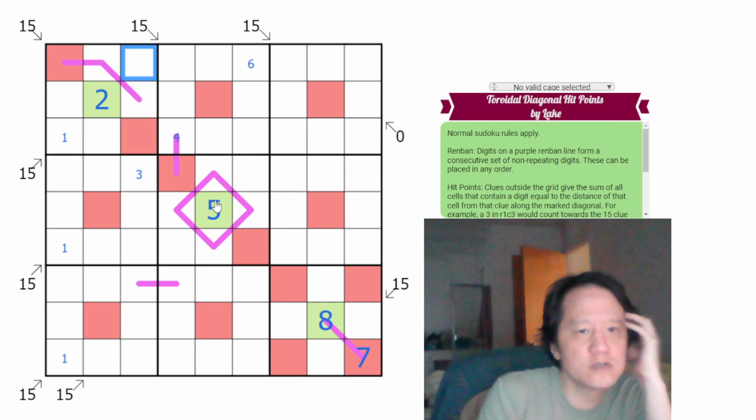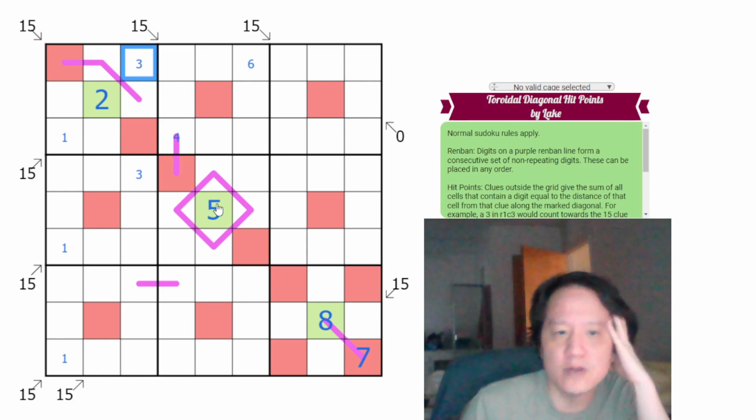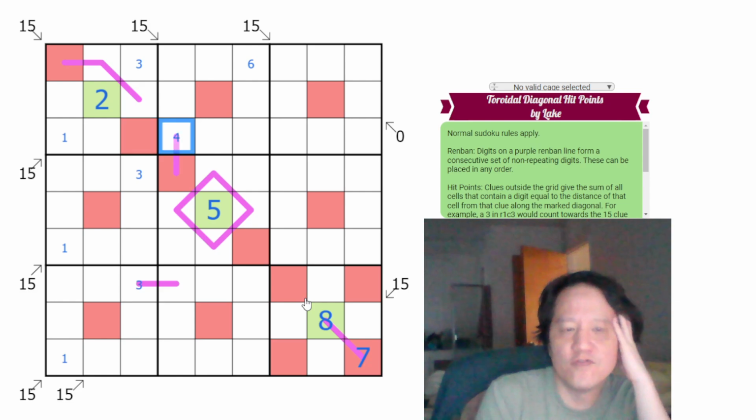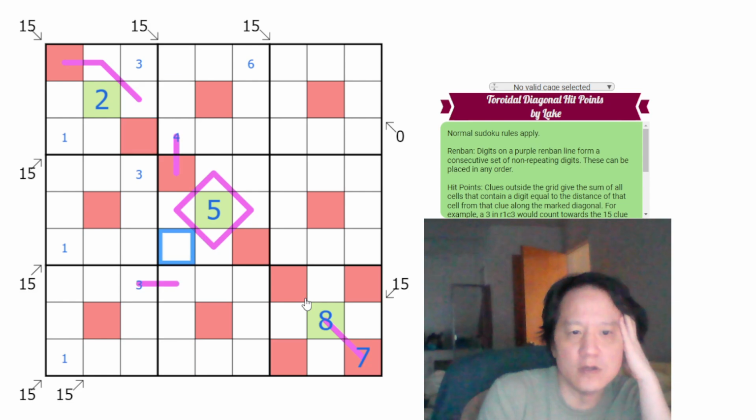The 3s could be here or here. The 4s would have to be those. The 6s are those. The 7s specifically have to be here or here. It cannot be this one. And the 9s are here and here.